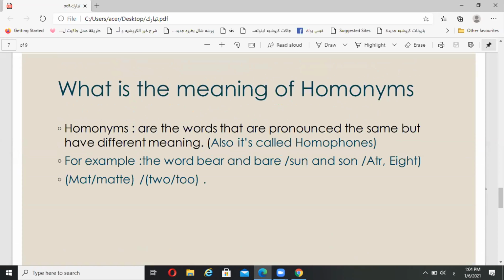Homo means same, like phone, homophone. So words that have the same sounds, the same pronunciation, but different meanings, like son and sun. Eight the number and ate the past of eat. Sun in the sky and son, someone's son.